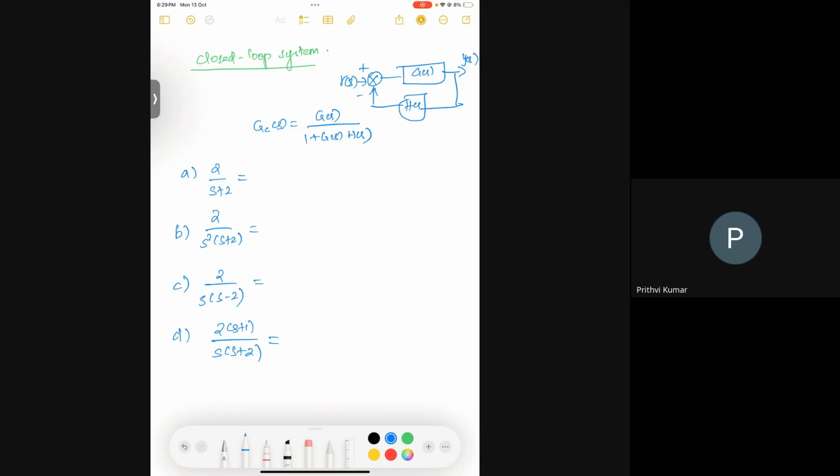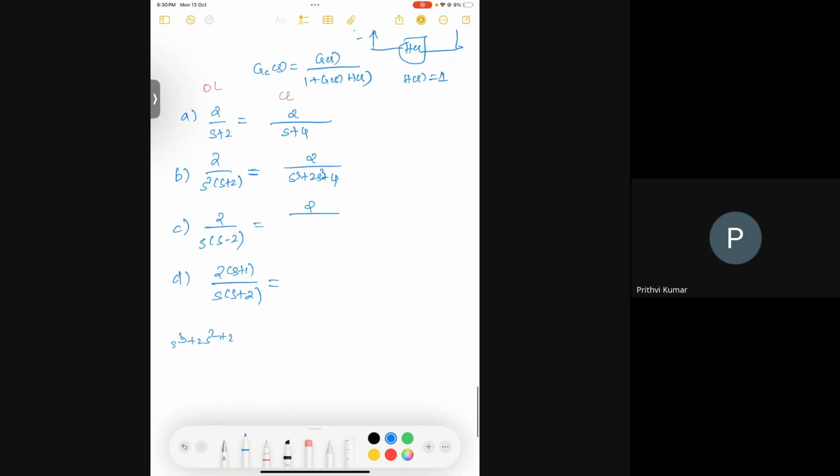Okay, these are open loop systems, so I want to find the closed loop system transfer function. From this I will write G(s) divided by 1 plus G(s) into H(s). H(s) is always 1, it's a unity feedback. So this will become s plus 4. I will write it; if it is wrong, please let me know. This will become s cube plus 2s square plus 4.